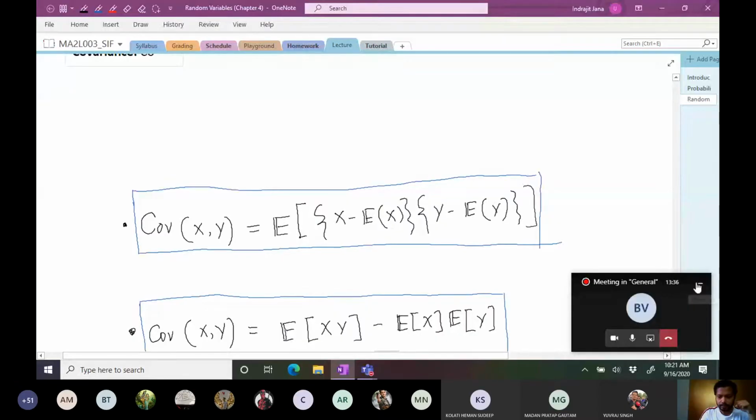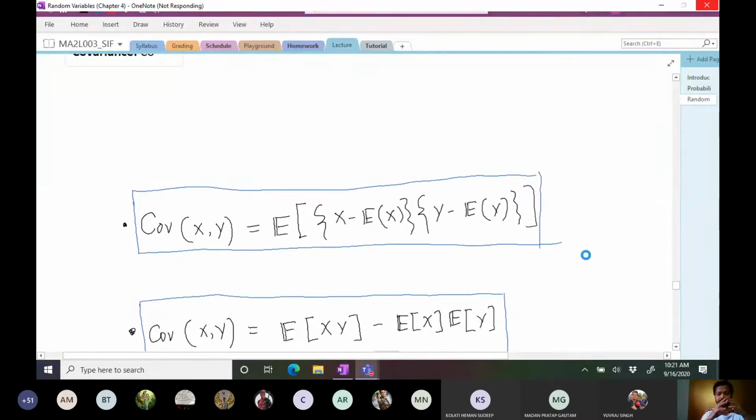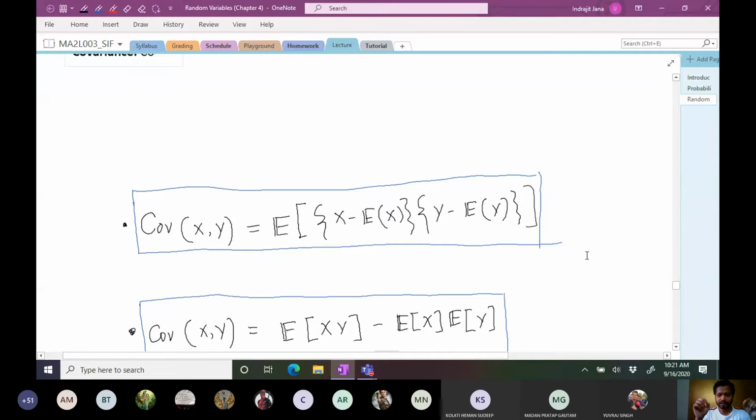Okay. So covariance represents somewhat what is called a linear dependence between two random variables x and y. Linear dependence means x and y are linked by a linear equation. Linear equations are equations of straight lines like ax plus by is equal to c, or y is equal to 3x minus 5.